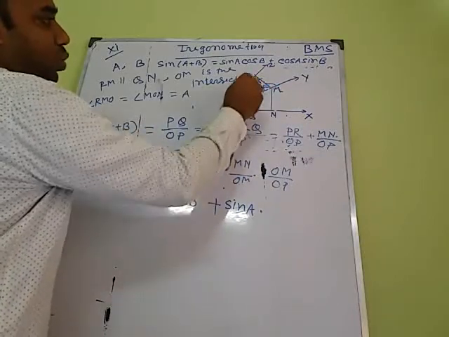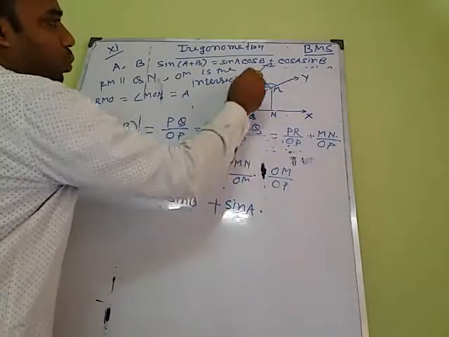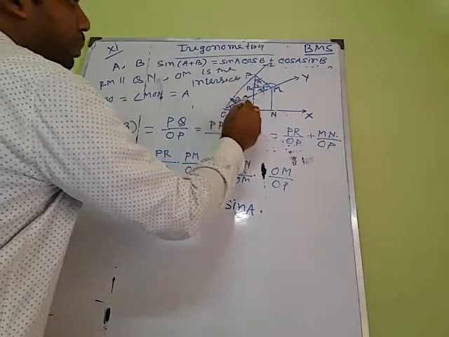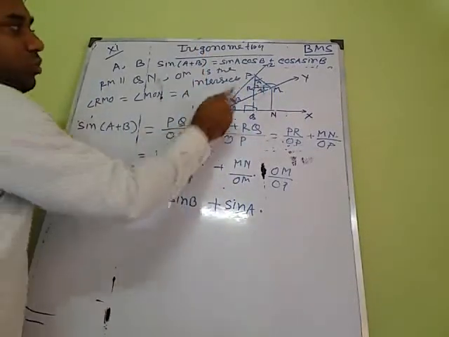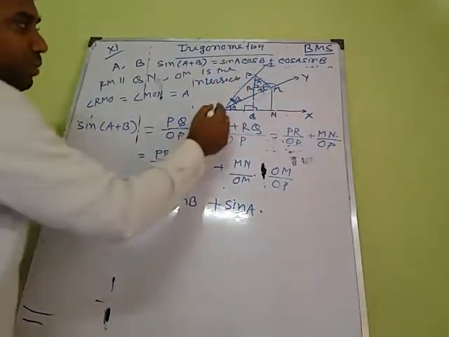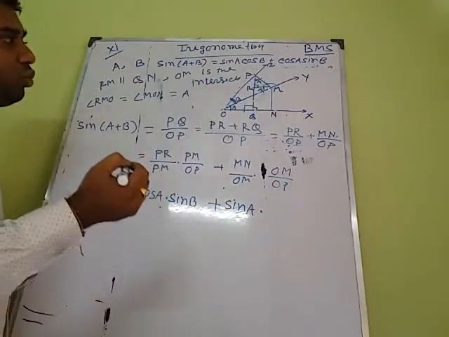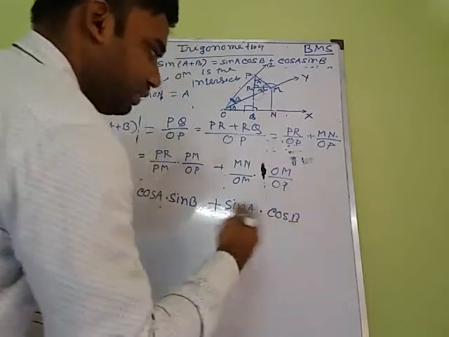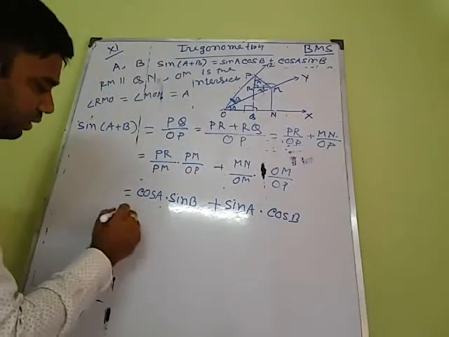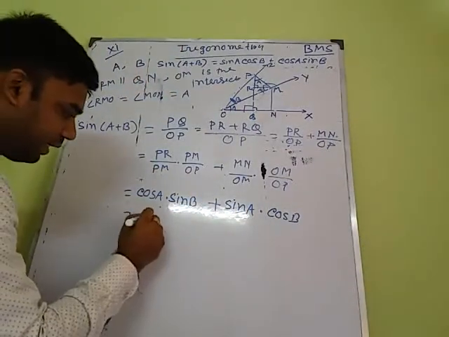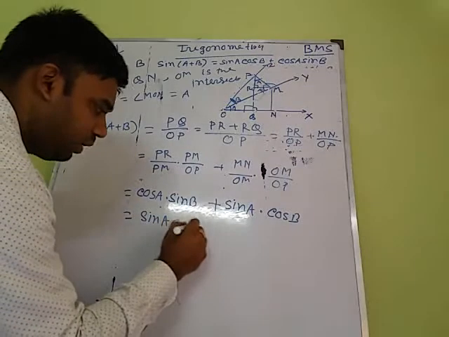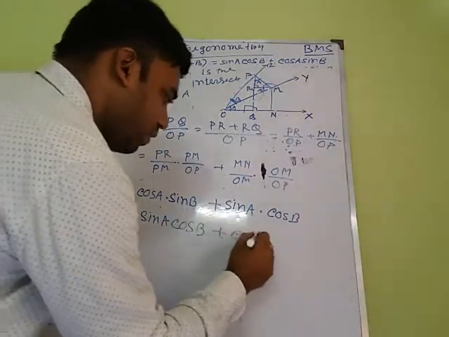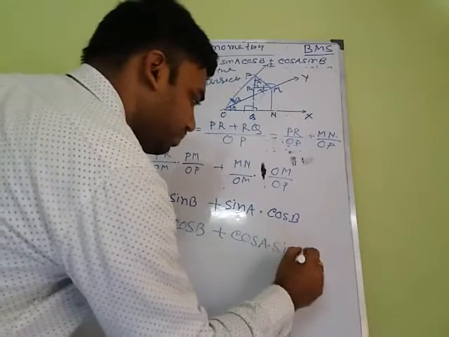Take this angle, OM by OP, base by hypotenuse, OP is the hypotenuse, so base by hypotenuse, so that is cos B. Just write this first, that is sine A cos B plus cos A sine B.